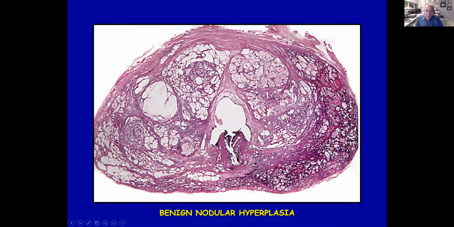This is just a low power of one of these sections of the prostate. And you can see the central zone is significantly enlarged, as I'm outlining here. The urethra is here in the center with the verumontanum and the connection with the ejaculatory ducts at this particular level.